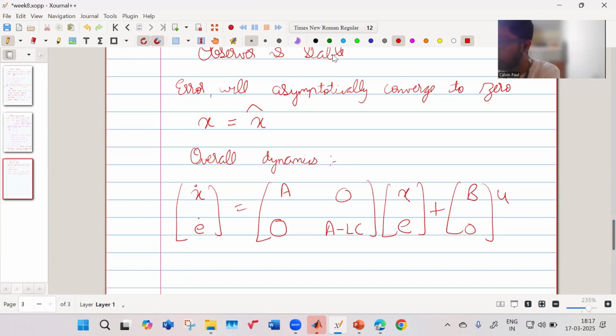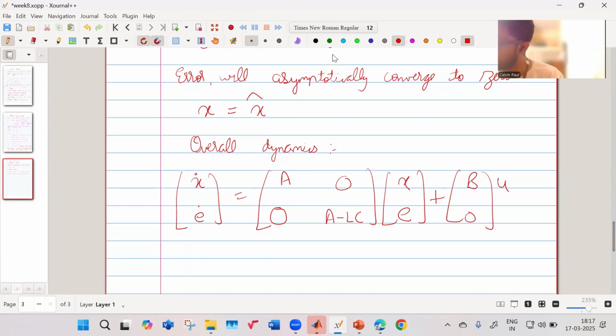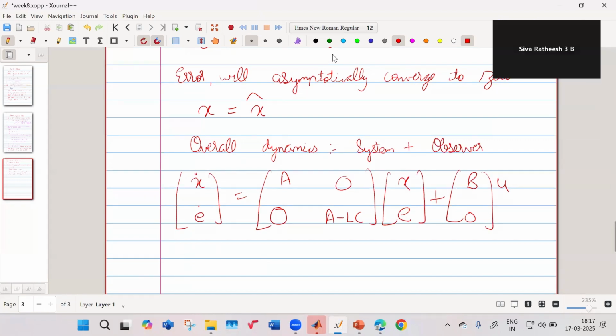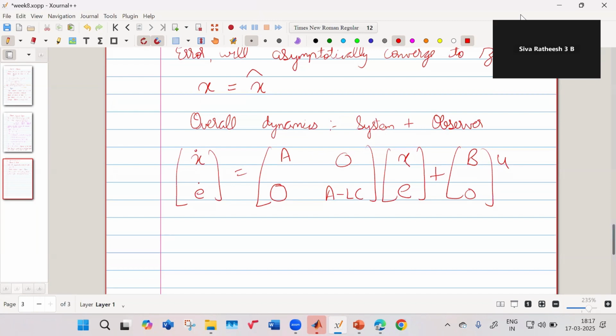So this is your overall dynamics, which considers your system plus observer. Now, A minus LC determines the stability of your observer.